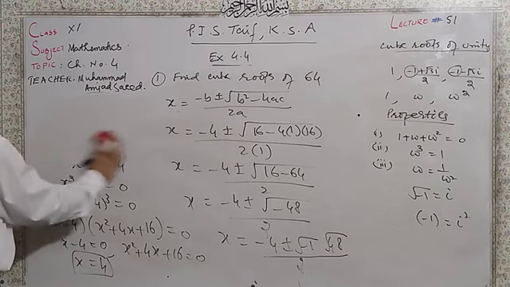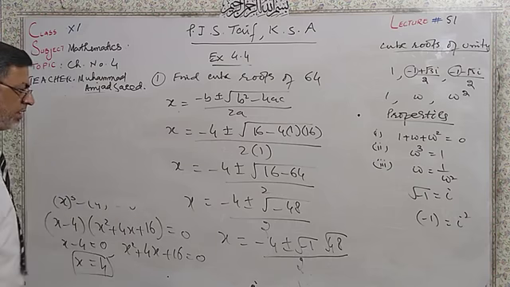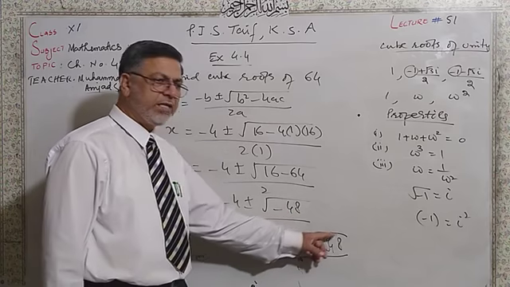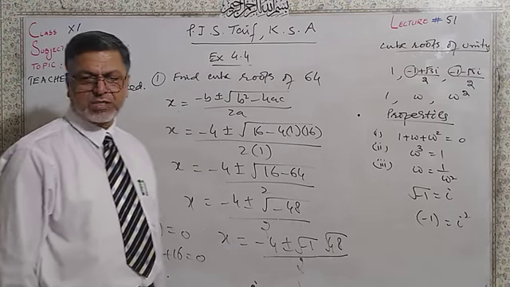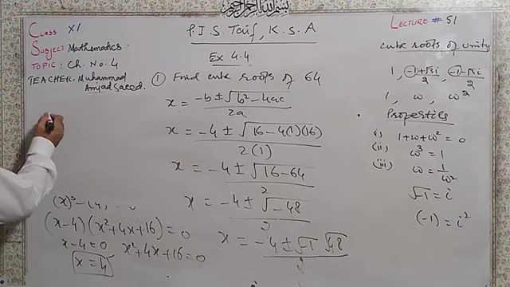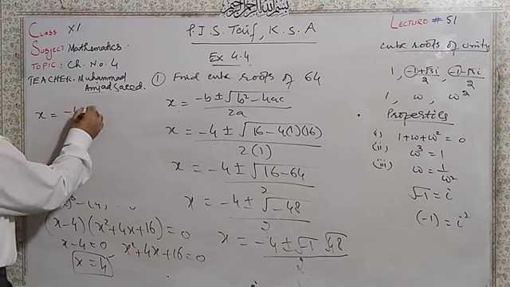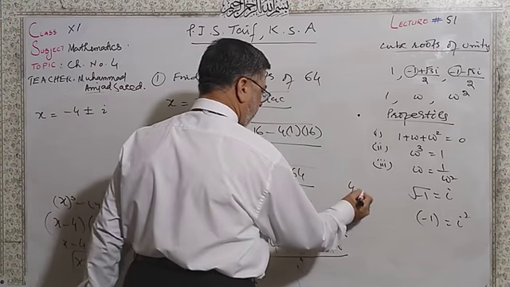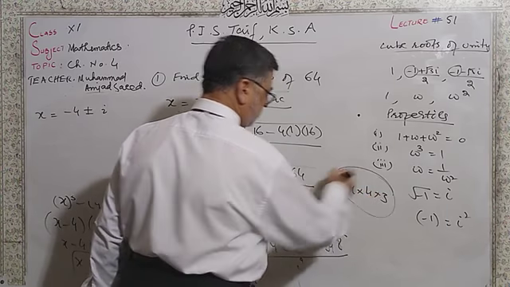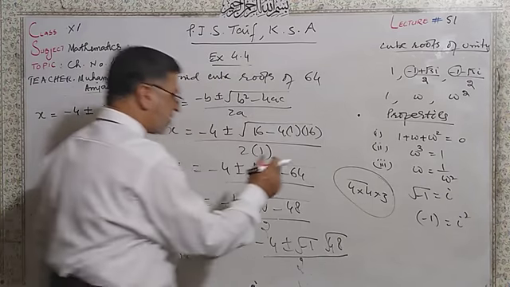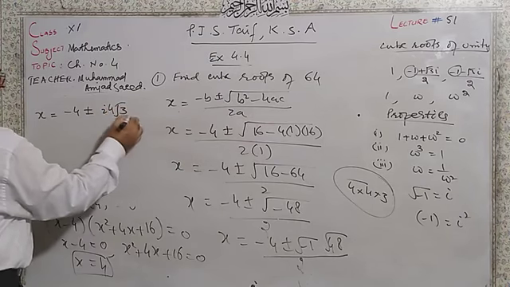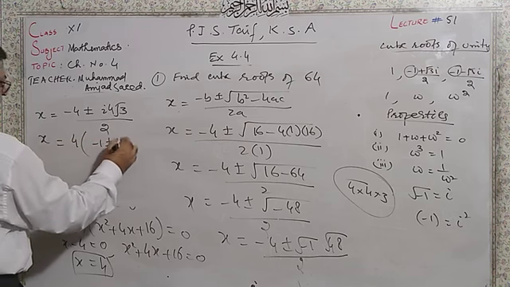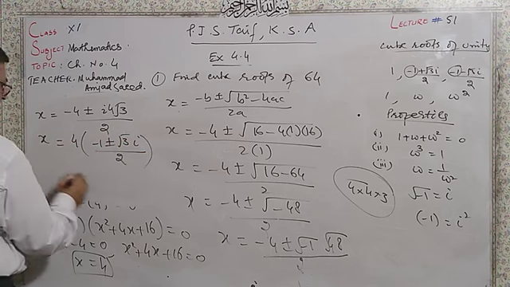Remember that I told you that √(-1) is iota, and you can write down -48 two times within the square root sign. x is equal to (-4 ± iota √48) / 2, and 48 is 4 into 4 into 3. So 4 is double inside the square root. We can have 4√3 over 2. x is equal to 4 common, (-1 ± √3 iota) over 2.